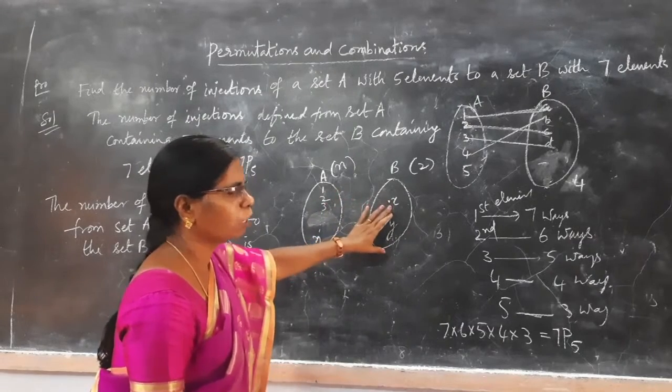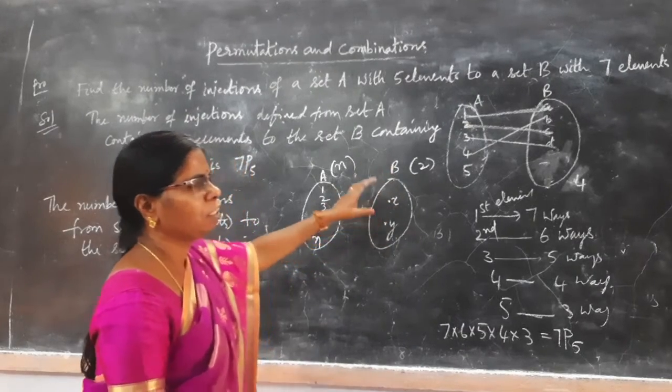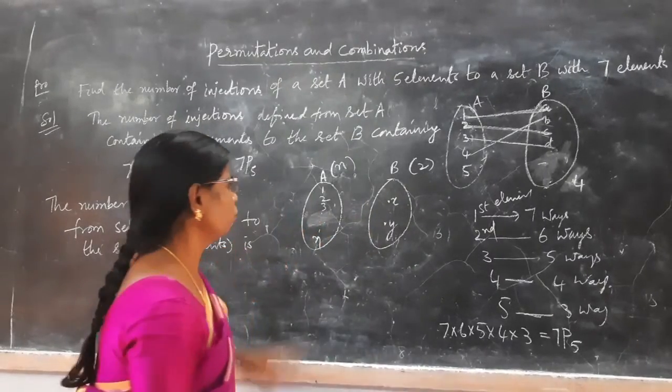Each and every element in B should have a pre-image in A.